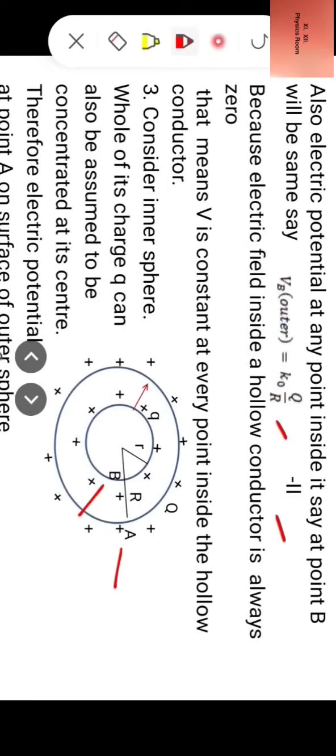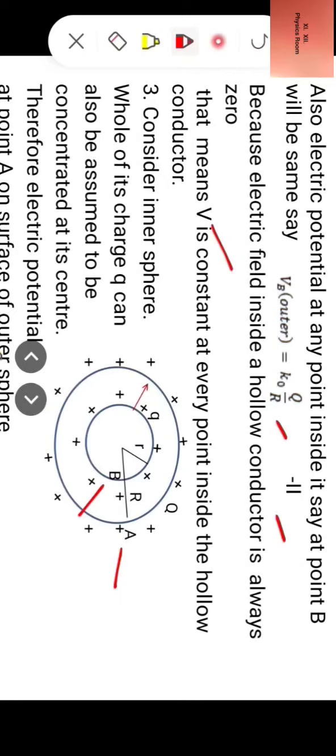Because electric field inside a hollow conductor is always 0, that means V is constant at every point inside the hollow conductor, because E is equal to minus dV by dr, and when we put it equal to 0, it means V is constant according to differential calculus.